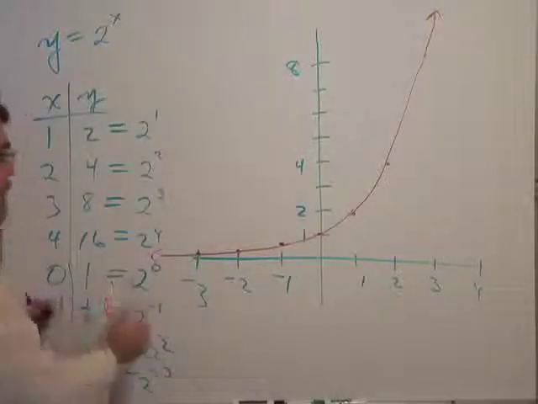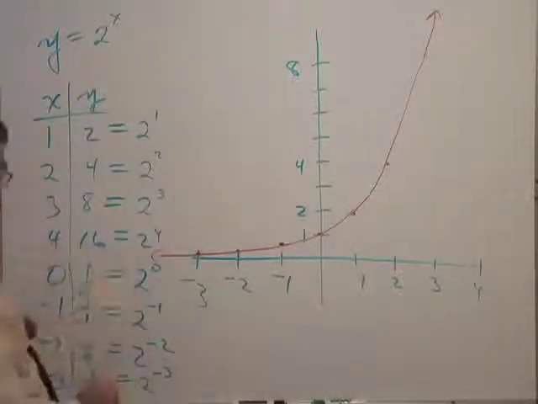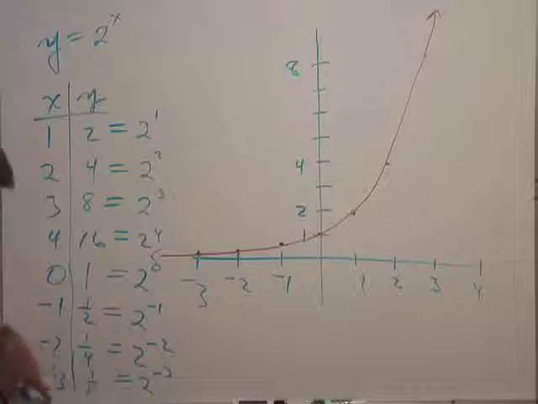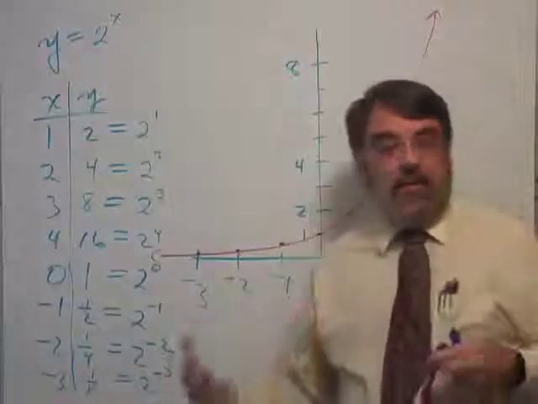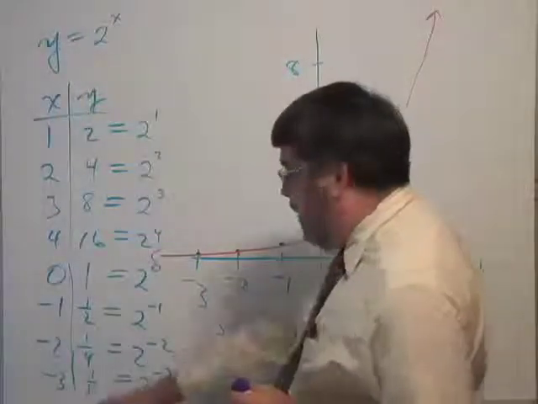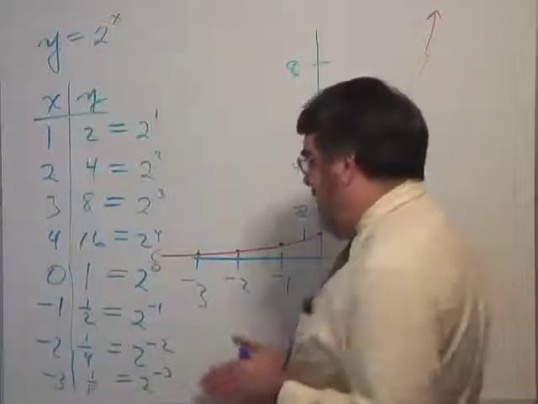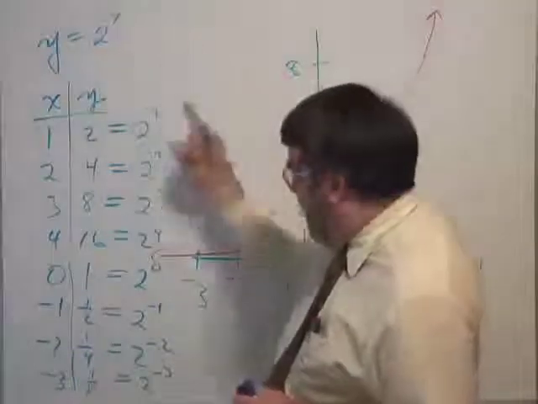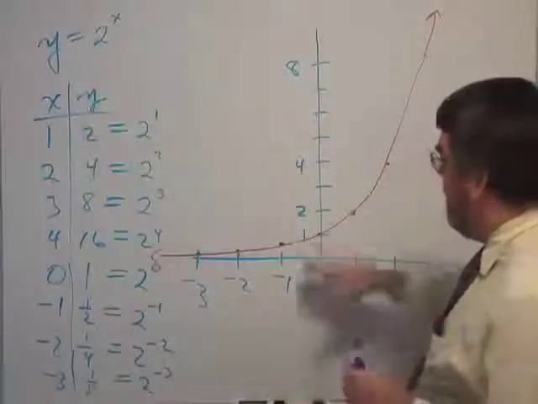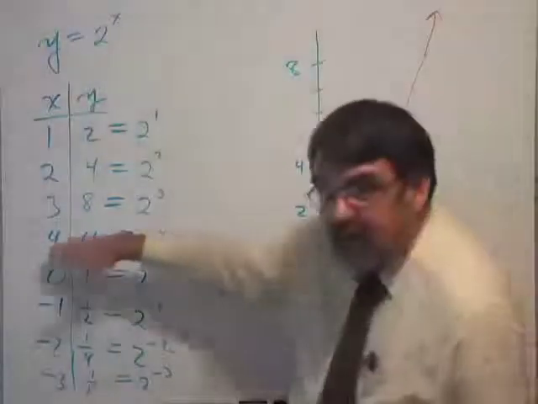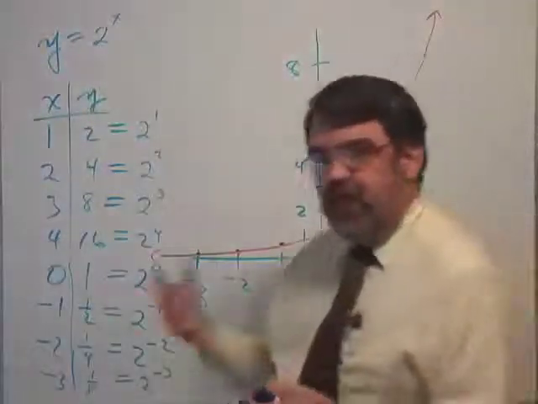But on the left side, it's going to flatten out, isn't it? Because we observed that if I continue to go down in the negative range with the x's, I'm just going to create smaller and smaller fractions. They're still positive fractions. It doesn't matter that the exponent is negative. When your base is positive, then your result is positive. So I'm going to get smaller and smaller fractions as I move left. It's going to flatten out.